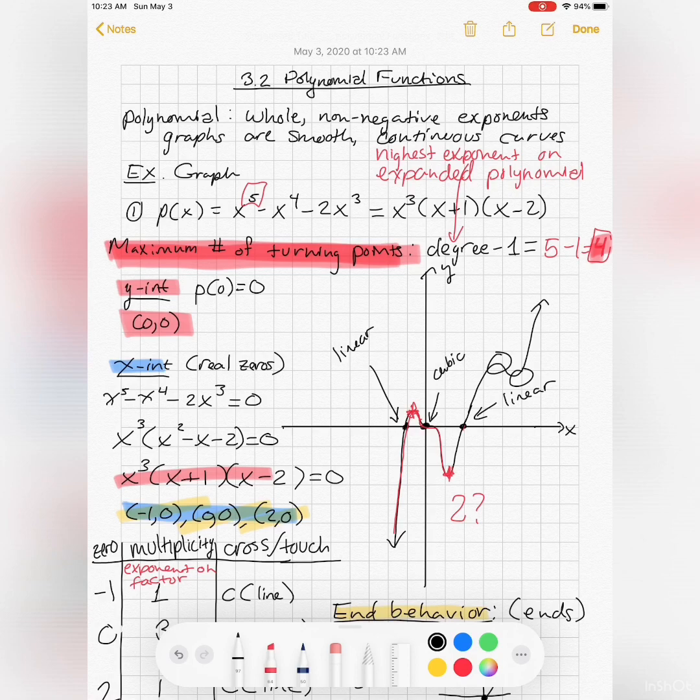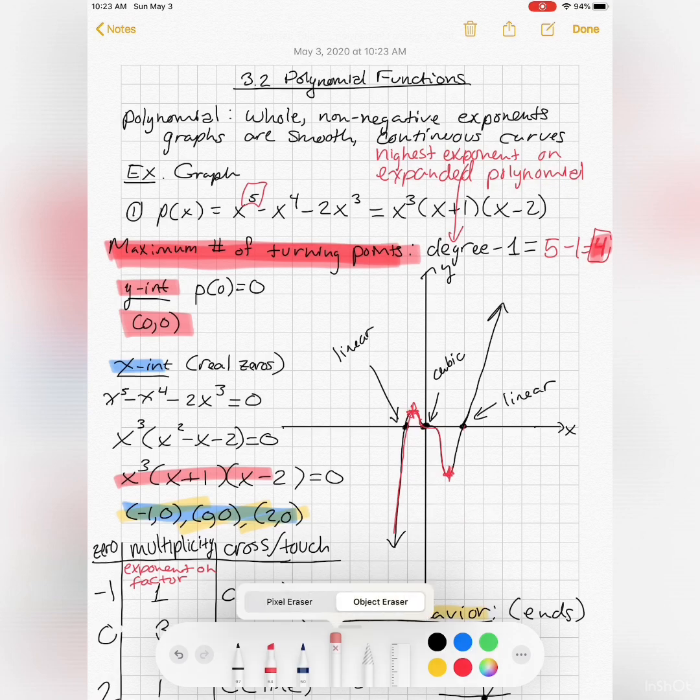Okay, so in calculus, you're going to go into more detail as far as, well, how many turning points does the graph actually have?